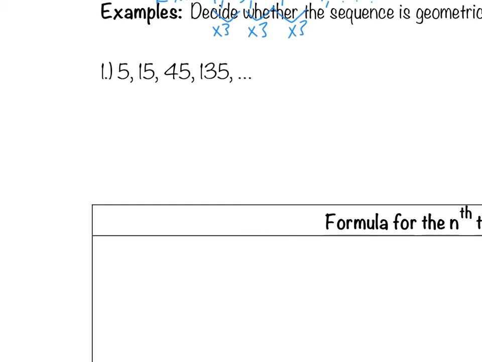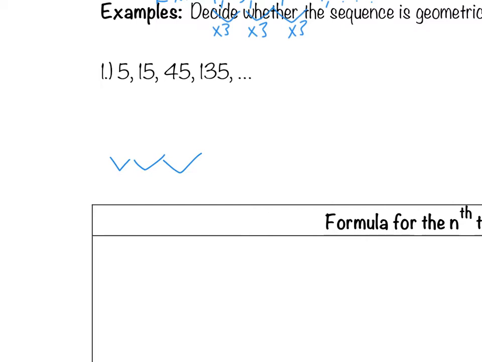We always want to decide which one it is, because it's not going to tell you that something is arithmetic or geometric. So on a test or a quiz, you might see something like this, and you have to make sure.